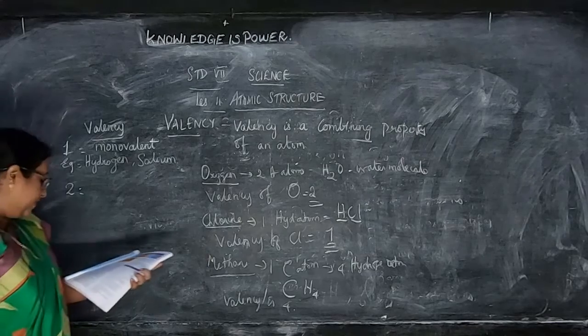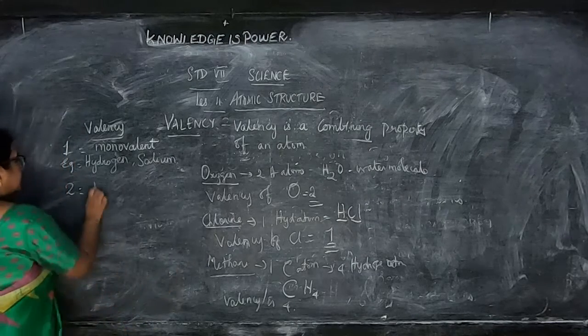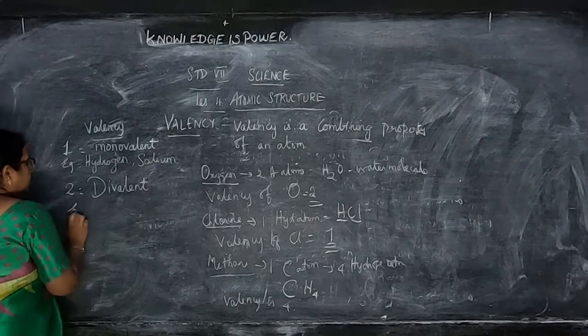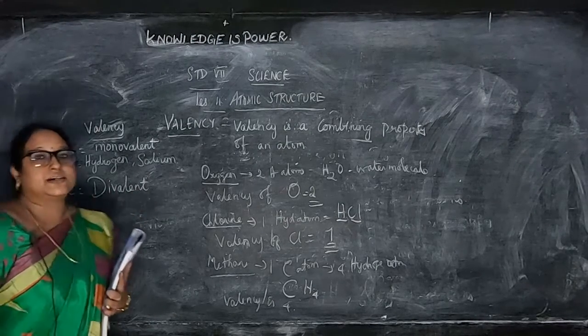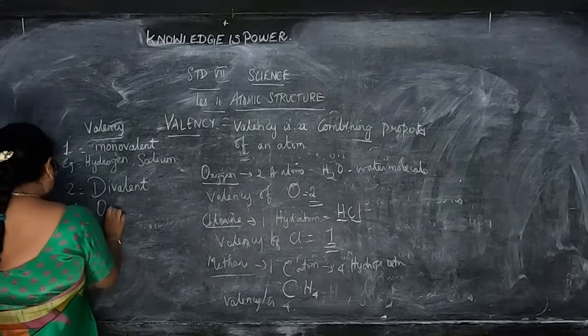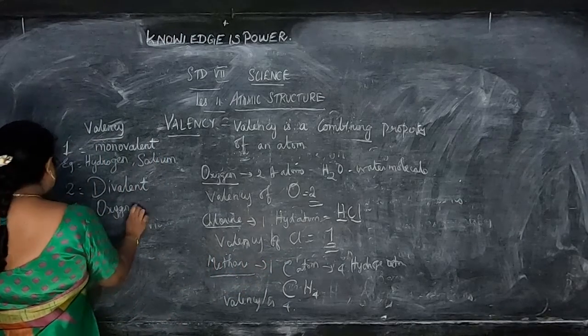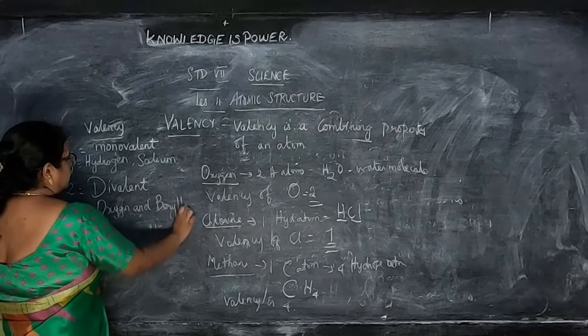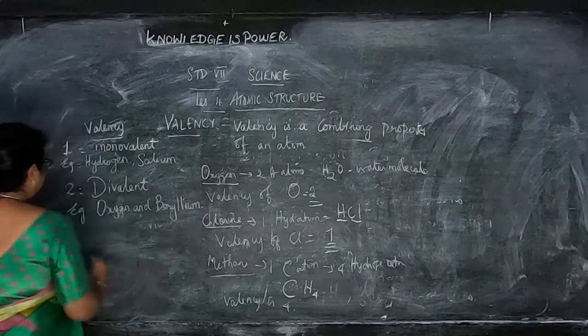Okay, now valency 2 is called divalent. Okay, valency 2, they are otherwise called divalent. And the example given is oxygen and beryllium. Okay children, oxygen and beryllium.